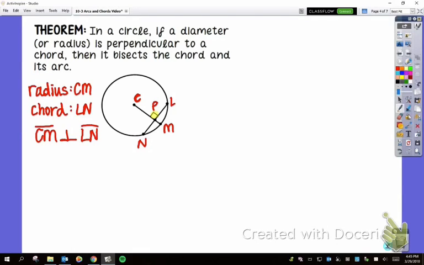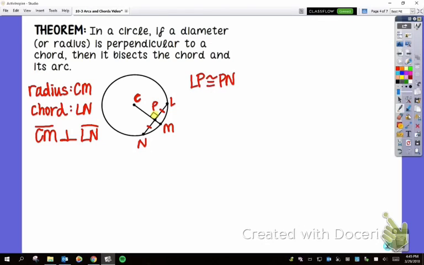So if those are perpendicular, then we know that this segment, the chord, is bisected in half, to where we would have LP is congruent to PN. Now what you have to be careful here is that we see that CP is not equal to MP.